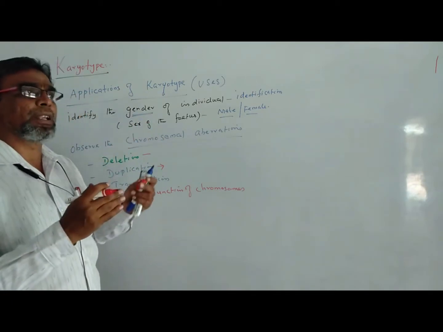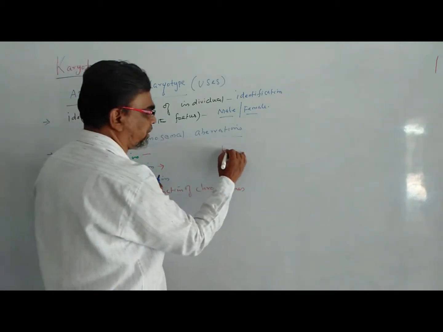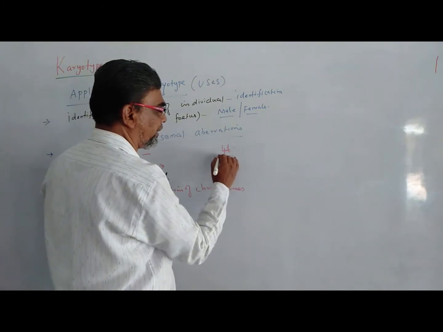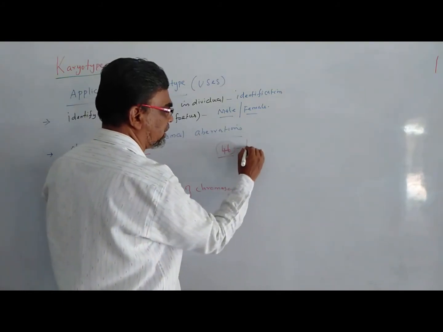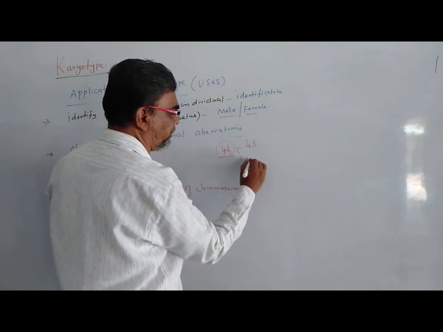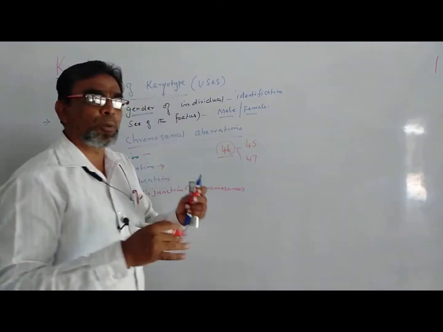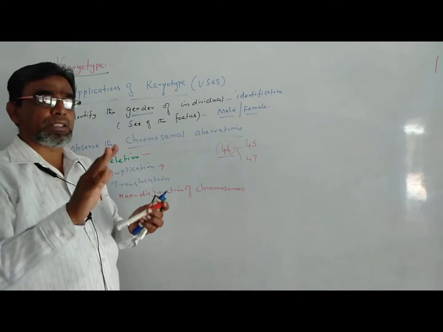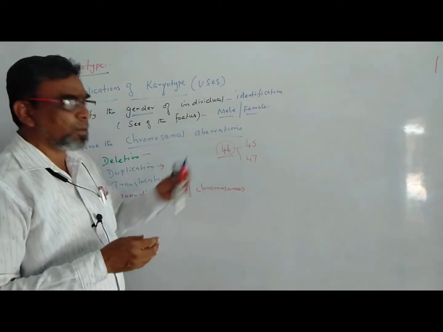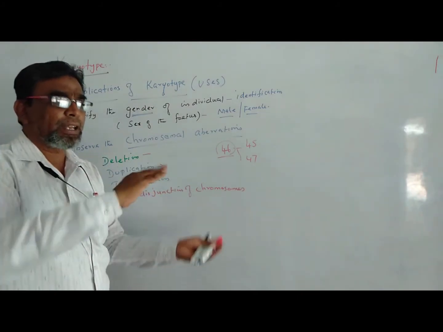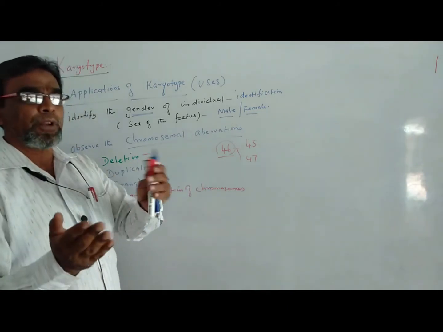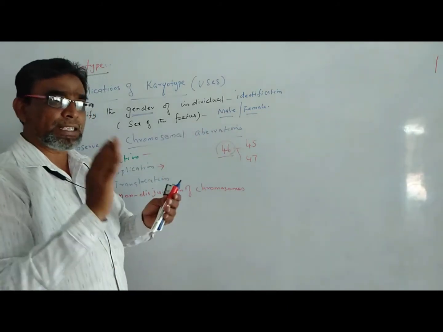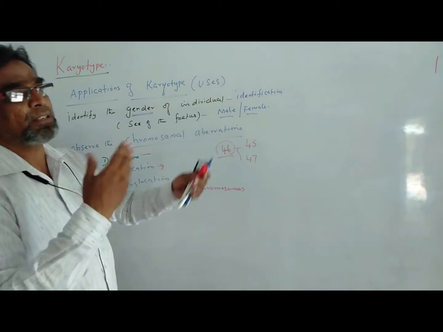So these are the abnormalities. What is the normal thing? That is, 46 chromosomes should be there. But here, instead of 46, maybe 45 or maybe 47. So duplication occurs. And in translocation, the chromosomes are the same, there are 46 chromosomes, but they are rearranged, translocated from one place to another place. They will not be in the exact place, so they can change their places.